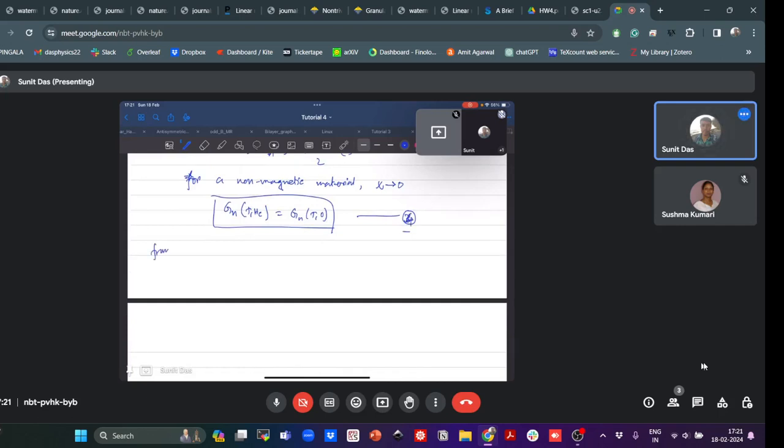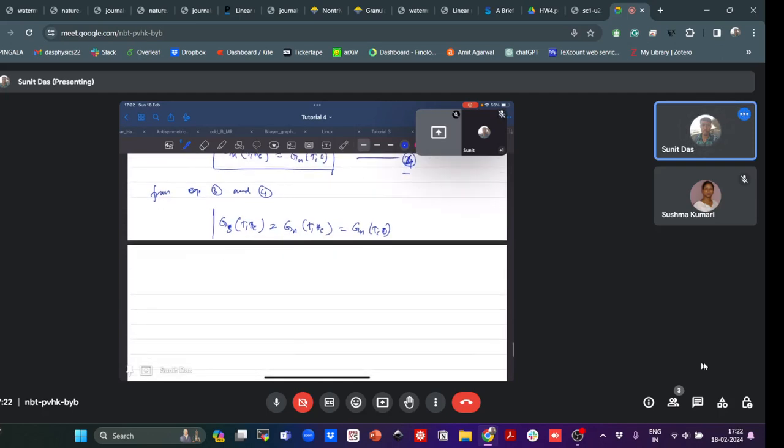So from equations 3 and 4 we have G_S(T, Hc) equal to G_N(T, Hc) equal to G_N(T, 0), right? This is equation 5.